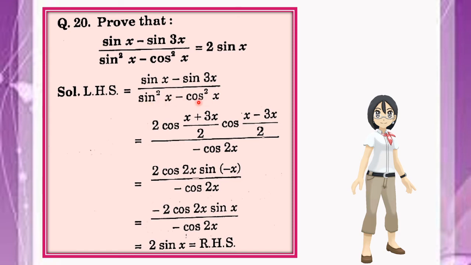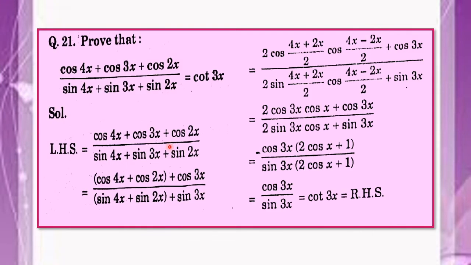So here we have a minus sign with cos, so we will take that sign common, and in the numerator we will apply the property sin a minus sin b. x plus 3x, 4x by 2 means 2x, and here x minus 3x, minus 2x by 2 means minus x. Now we know sin(-theta) is minus sin theta, and the minuses cancel, cos 2x and cos 2x also cancel, 2 sin x, which is equal to the right hand side.